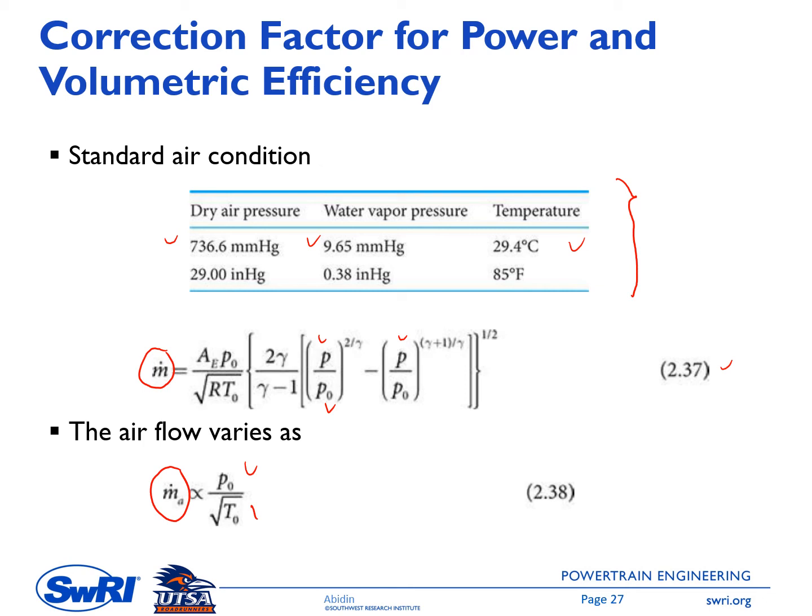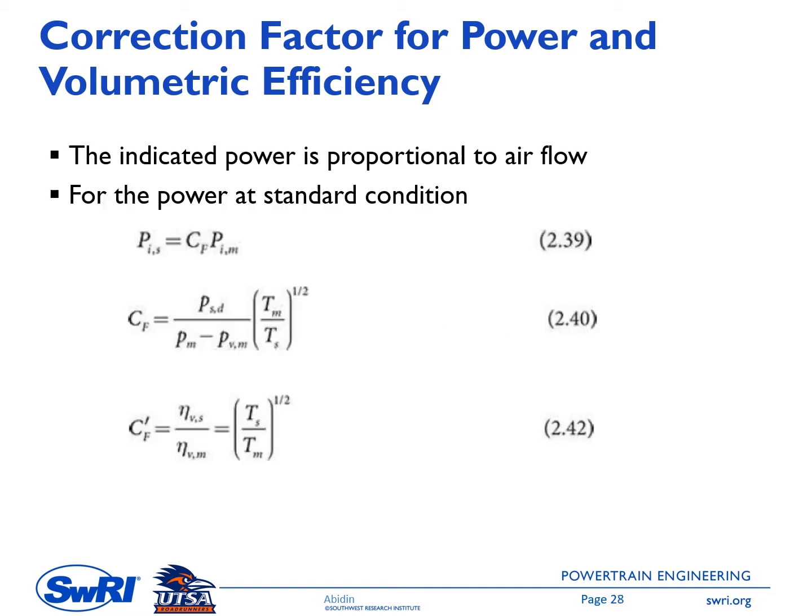So what does this mean? If we test the engine under different air conditions, it means different P0 and different T0, then we need to apply the correction for the power and volumetric efficiency. And we know that the indicated power is proportional to the airflow.